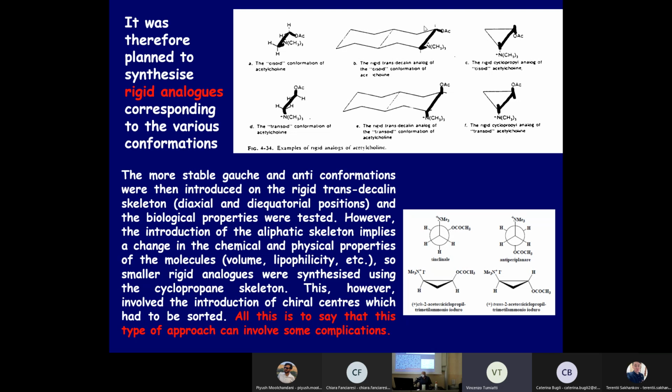For example, the structure of acetylcholine can be mounted on transdecalin, you see here. And so we can block a particular conformation. In this case, it is a schizoid conformation. And we can compare the activity of this schizoid derivative with that of acetylcholine.